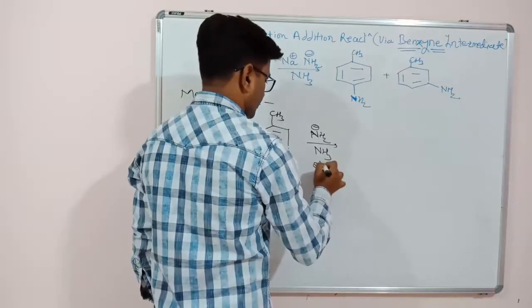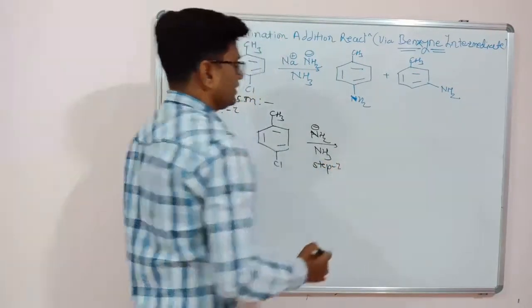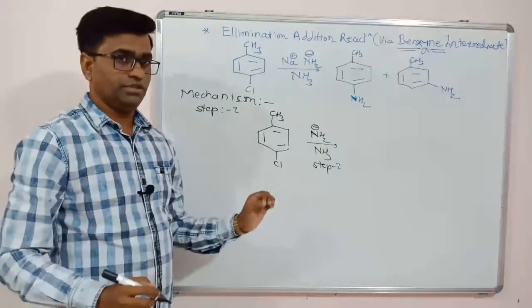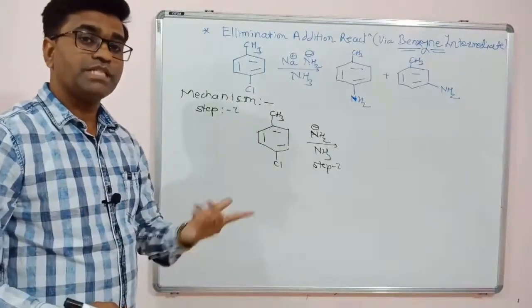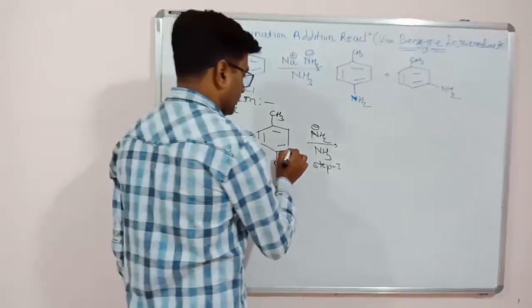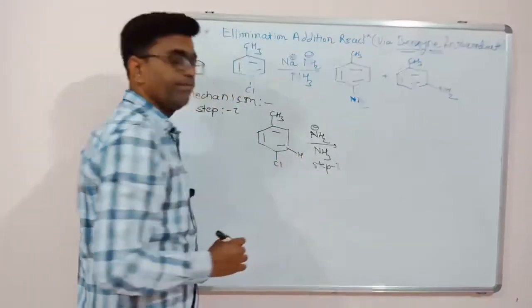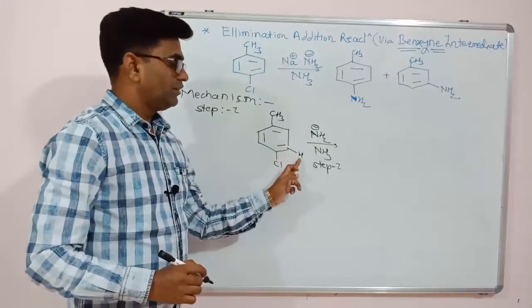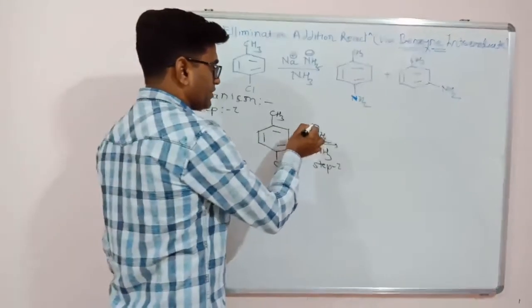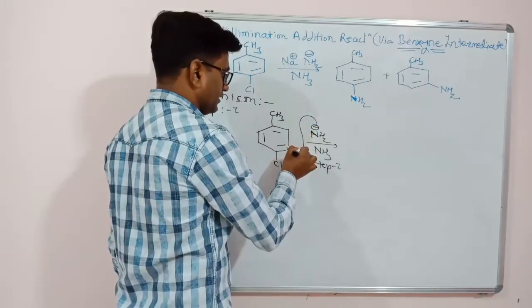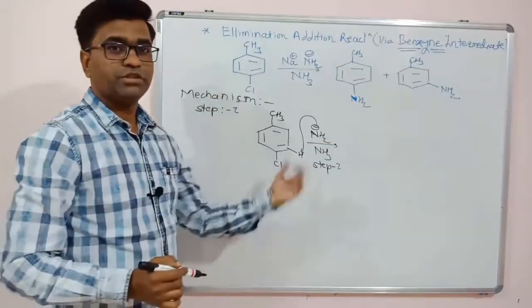This is the first step, abstraction of the proton. NH2- acts as a base, and base means abstraction of the proton. The hydrogen present on the benzene ring is abstracted by NH2-. The byproduct is ammonia.